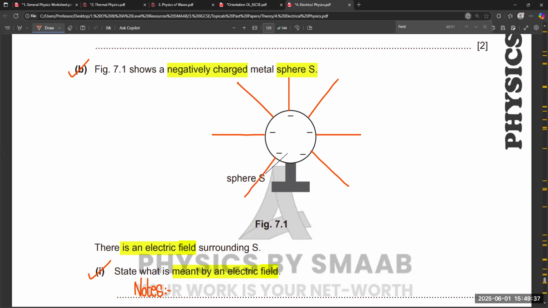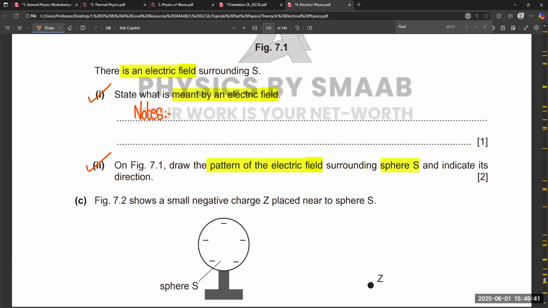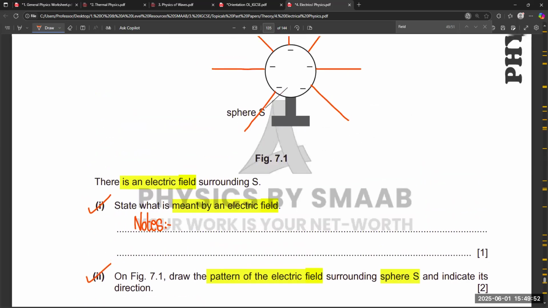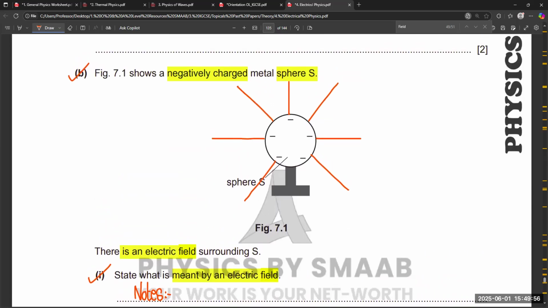Sometimes in a question it is mentioned that at least three, at least four lines are needed, but in this question no number of field lines is mentioned, so it's your choice. In some questions you have to draw at least four field lines, at least three field lines, so then you can draw the limited number. Otherwise, you have your choice.